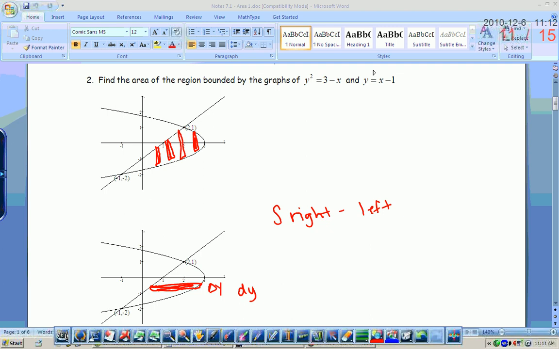These first couple of problems are completely new to you, but you will soon think this is the easiest thing we've done all year. So solve both of these equations for x. The first one would be x equals 3 minus y squared, and the second one would be x equals y plus 1.